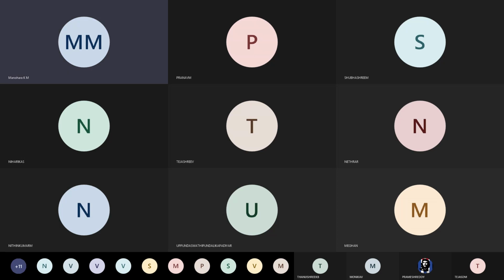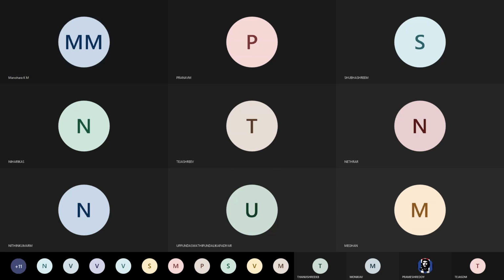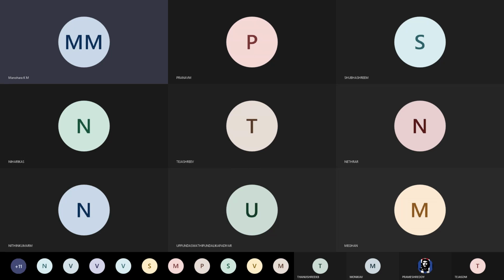So here the precoding of the closed loop spatial multiplexing. First we will discuss RI greater than 1.